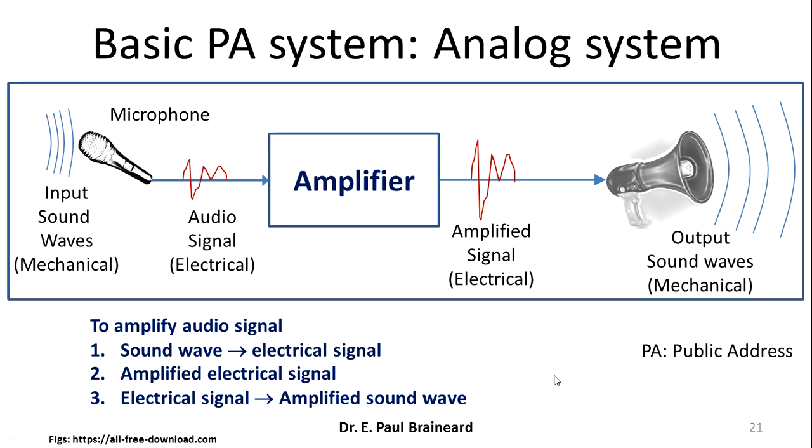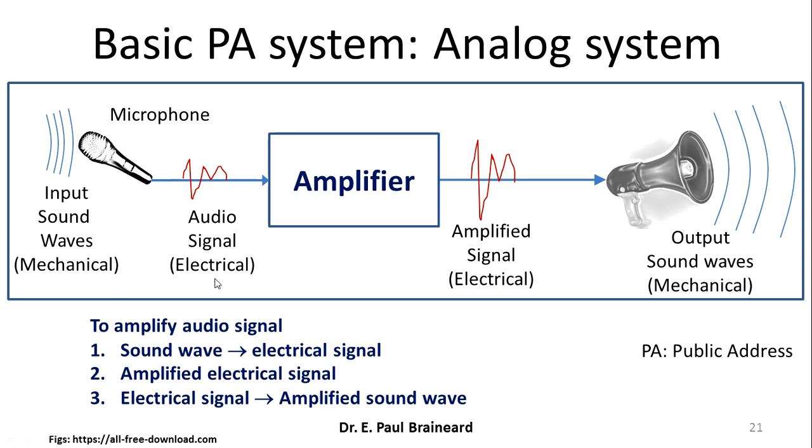Now, before closing the class, let me give a brief example of an analog system with the help of a basic public address system. As I said earlier, when I speak, the sound waves that come from my mouth are mechanical in nature. This microphone, which has a diaphragm, will convert these mechanical waves into electrical signals.